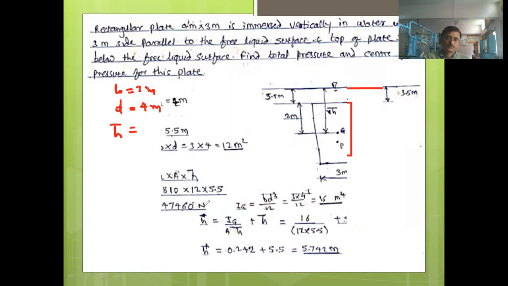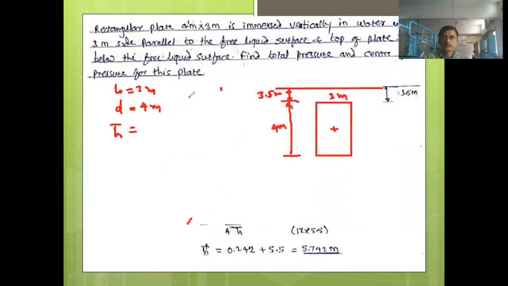Free surface to center of gravity. Kekan, it is center of gravity. h bar means distance of CG of area from free surface of liquid. Free surface, correct. Gobur has given the correct answer. It is the distance of CG from the free liquid surface.